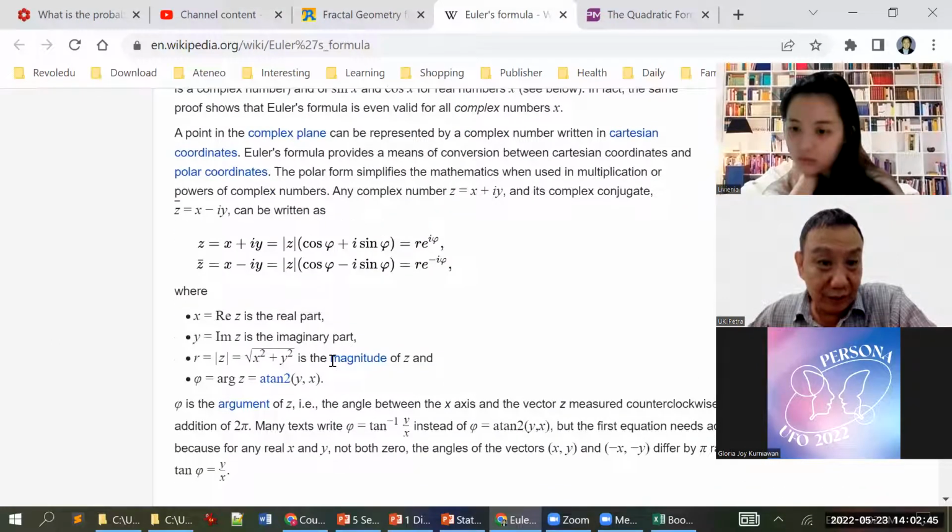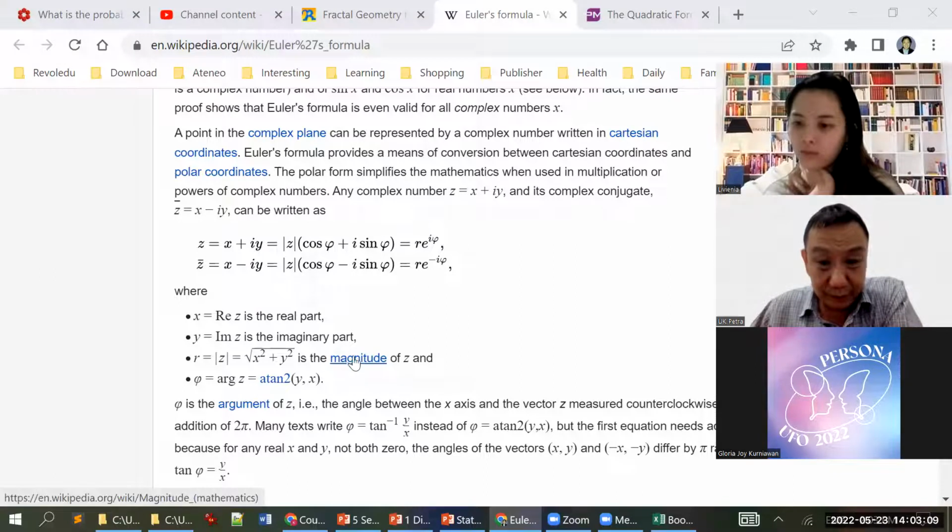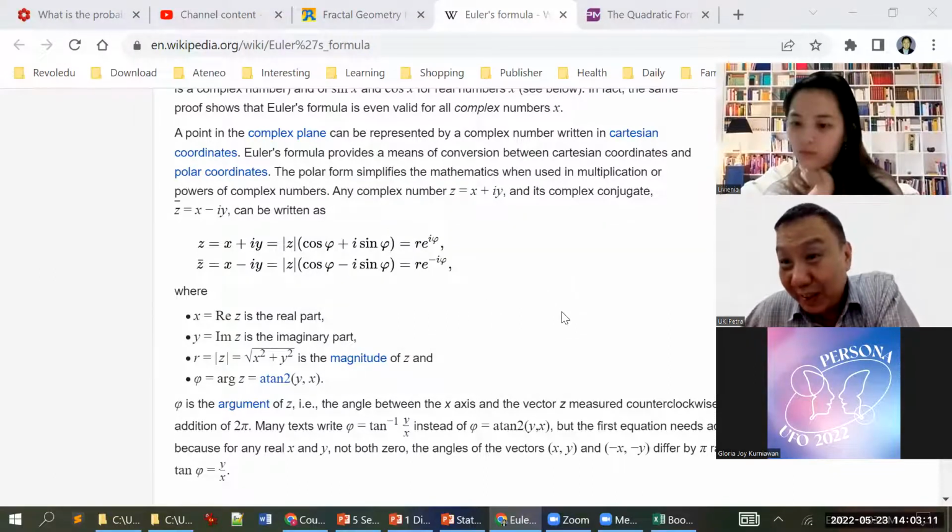Here you see this complex number is basically the same as trigonometric functions, and the same as the exponent of the complex number. This is an amazing formula that was discovered about 300 years ago.